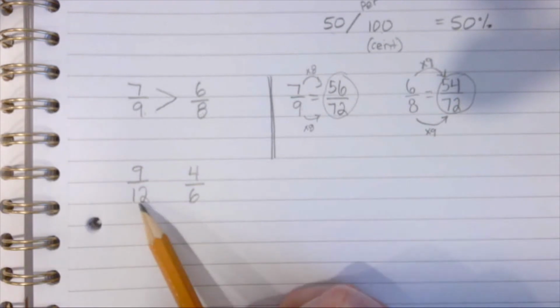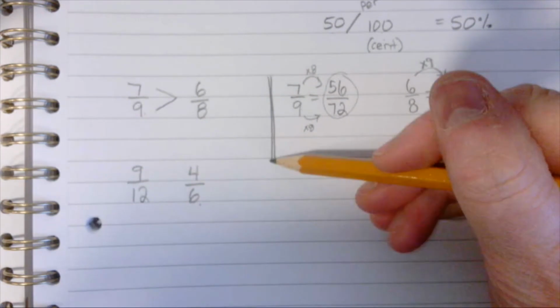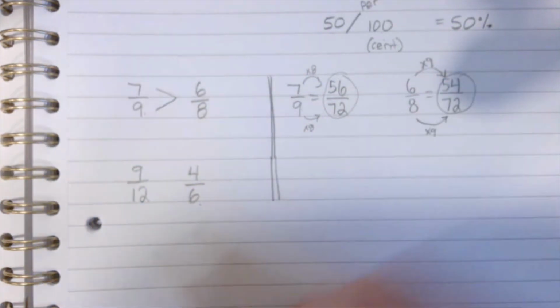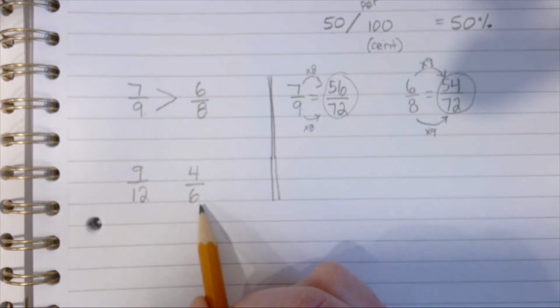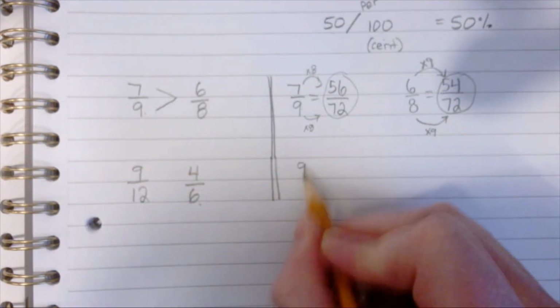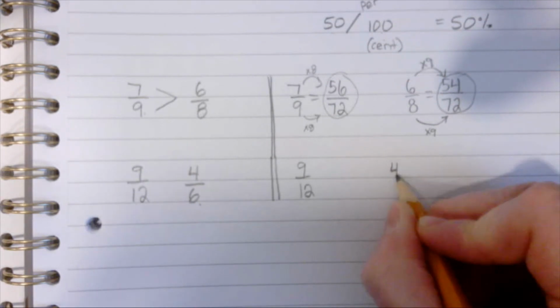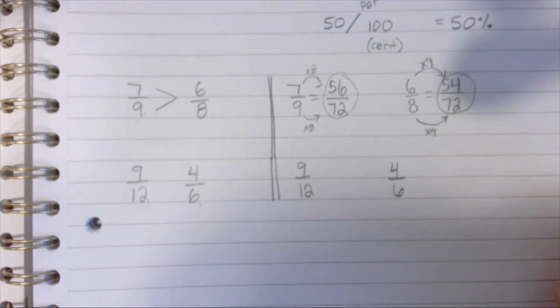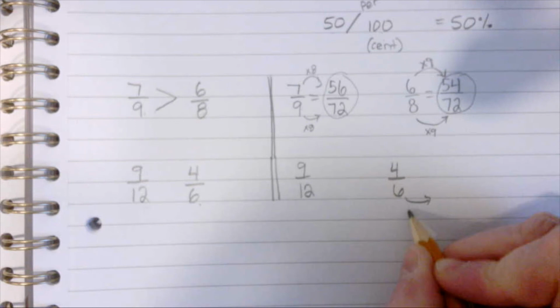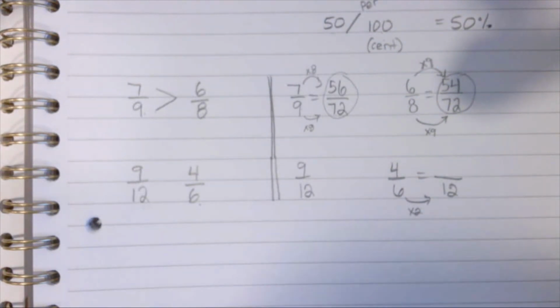Just by looking at 12 and 6, I know that the lowest common multiple is 12. So I'm not going to do anything to 9/12 because I'm just going to leave it as 9/12. But over here, I'm going to say, well, 4/6, if I multiply 6 times 2, I'm going to get 12.